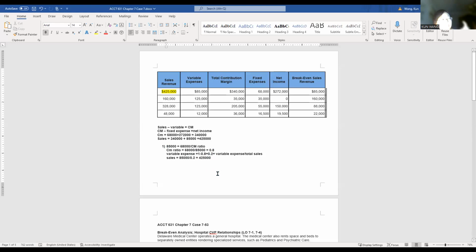If you know one of them, you know the other. Then the variable expense ratio formula is variable expense divided by the total sales, so total sales should be the total variable expense divided by your variable expense ratio.